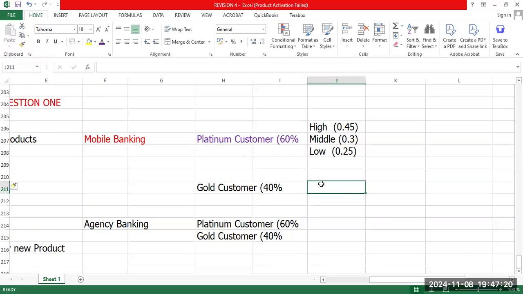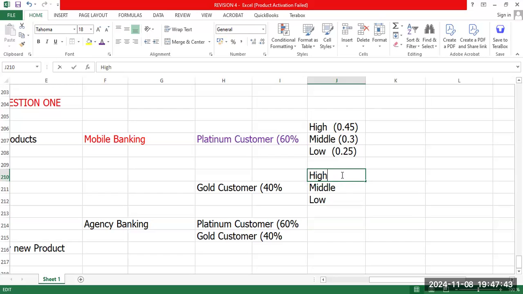You have high, middle, then low. Okay, are you seeing that?